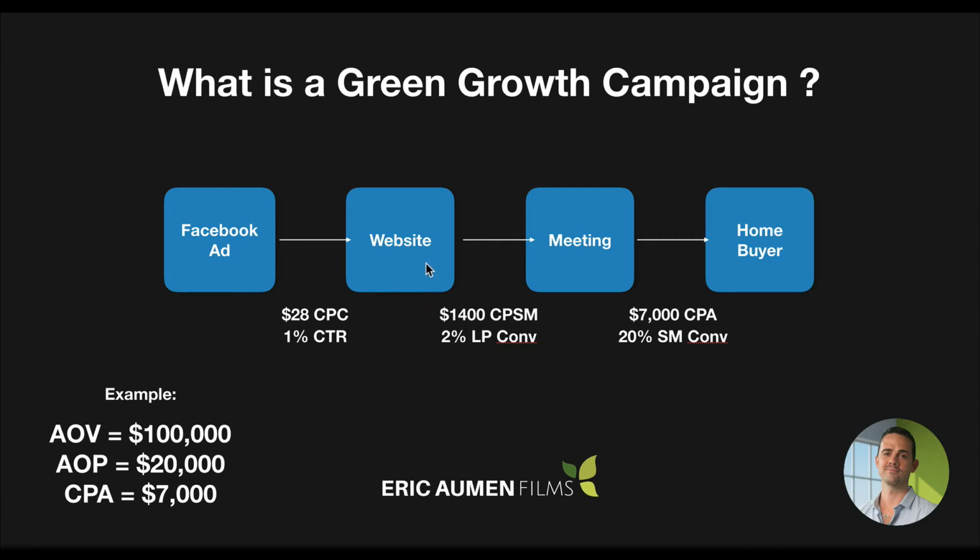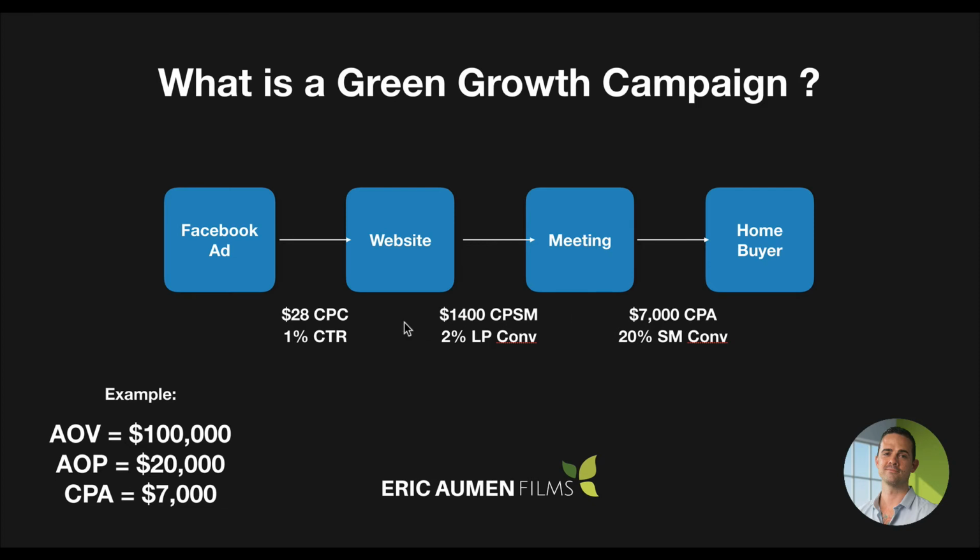If 2% of the people who come to your website schedule a meeting, we take 2% times $1,400, and we can afford to spend up to $28 per click to stay within our key performance indicators. So these are our benchmarks that we use in this simple funnel. My funnels typically have more steps, but this is for demonstration purposes. That lets us know, okay, how much can we afford to spend at this point?